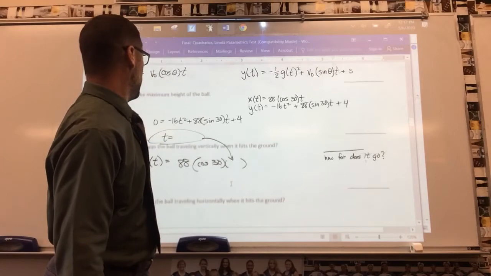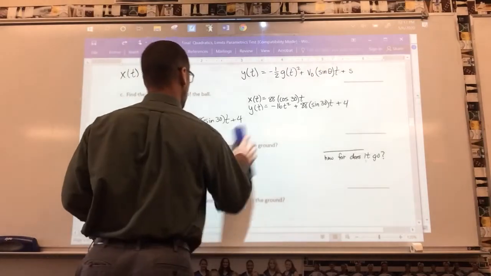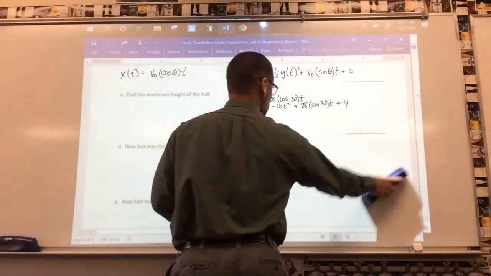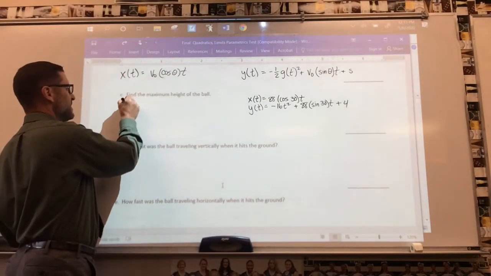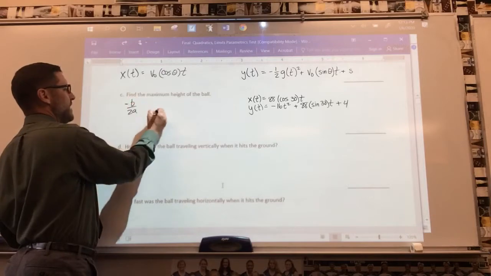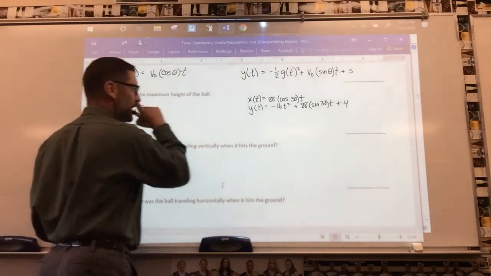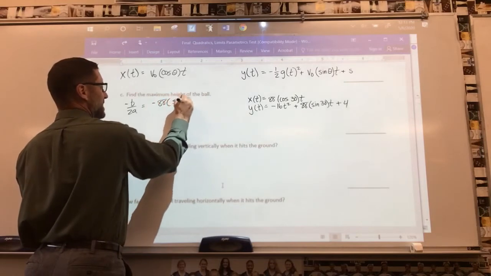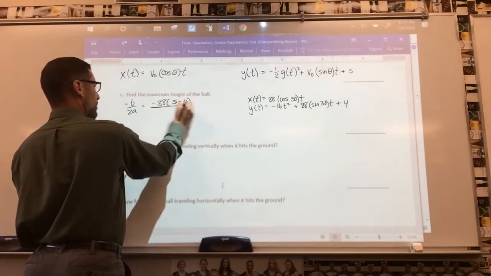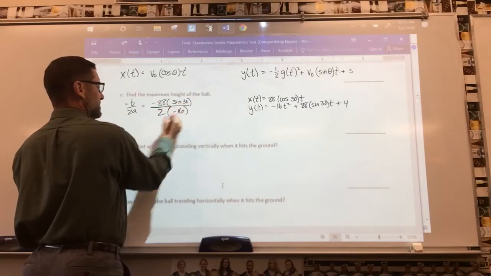Okay, C, find the max height of the ball. Again, still a set of equations. The max height is the vertex, negative b over 2a, and then you're going to plug it in. So negative b is negative 88 times the sine of 30, all over 2 times the a value, which is negative 16.